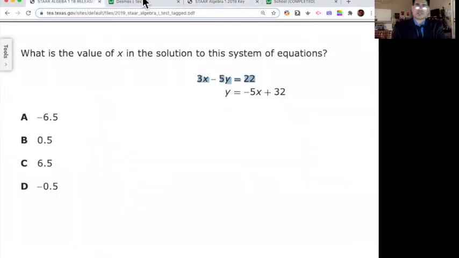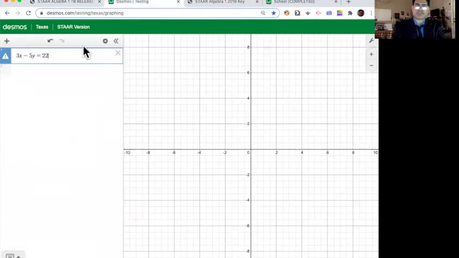Okay. And we want to get that into the standard equation because, as you can see, this equation will not be accepted in Desmos, much less the testing version. So we have to get that into y format. And we do that by subtracting 3x from both sides.